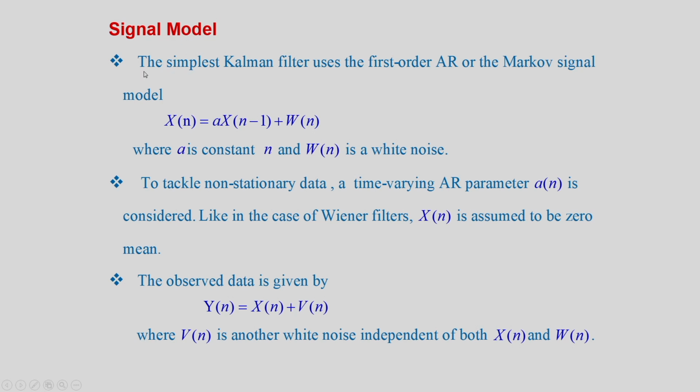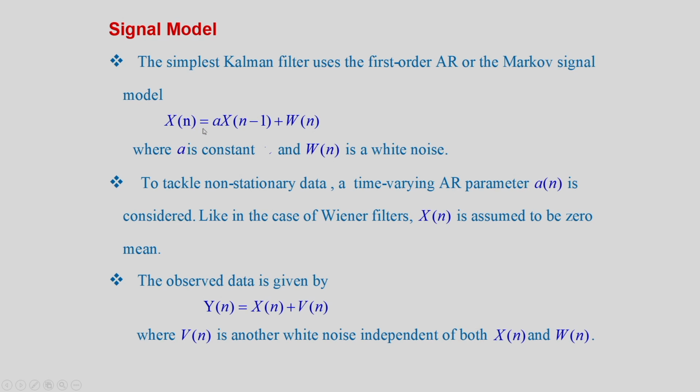The simplest Kalman filter uses the first order AR auto-regressive or Markov signal model. x n is equal to a times x n minus 1 plus w n, where a is a constant and w n is a white noise. To tackle non-stationarity in data, a time varying AR parameter a n is considered.